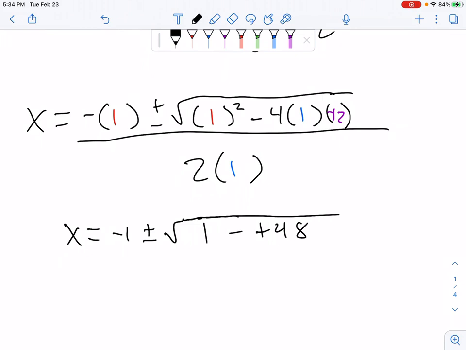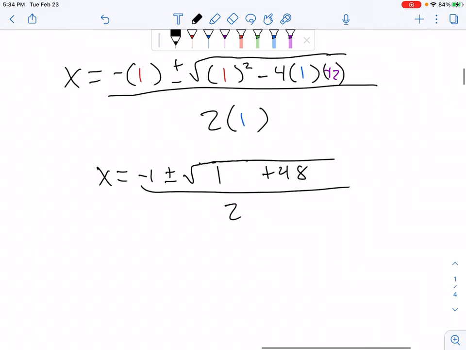So actually, I'm sorry, this minus, I work that out here. And then over 2 times 1, which is 2. So now let's clean this up. 1 plus 48 is 49.